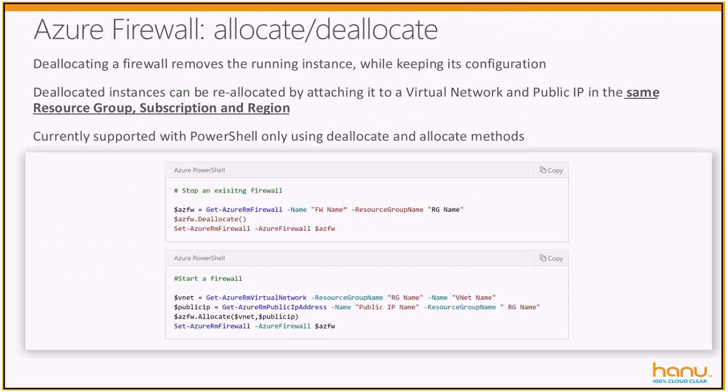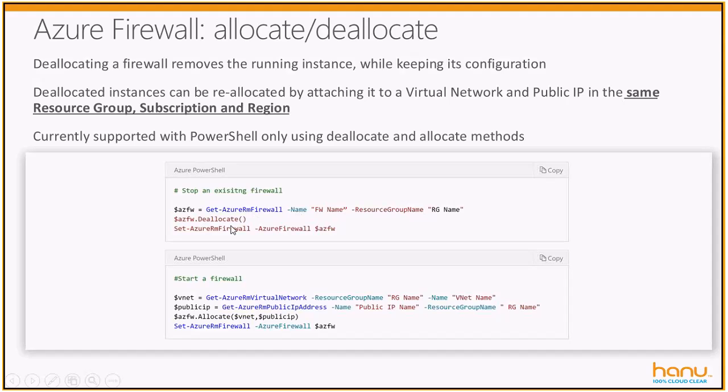Azure Firewall with PowerShell is very easy. There are just two commands. I'm not going to demonstrate how to create all this, but suppose you have created an Azure Firewall using your portal and now you don't require it.